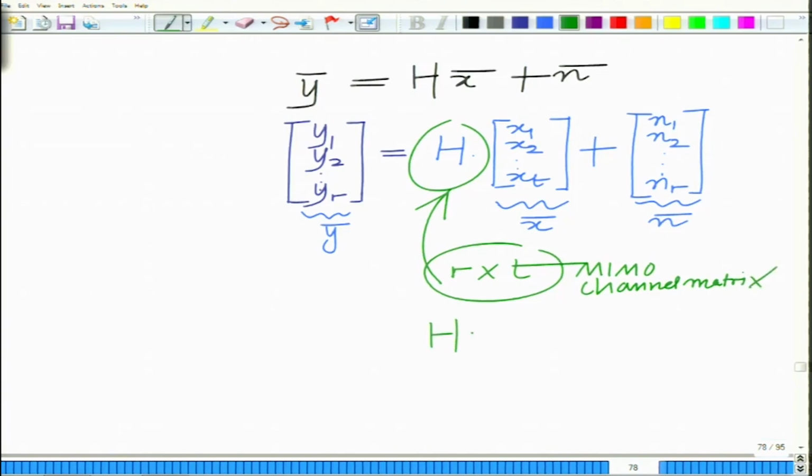And for this MIMO channel matrix, you have the coefficients H11, H12, H21, and so on.